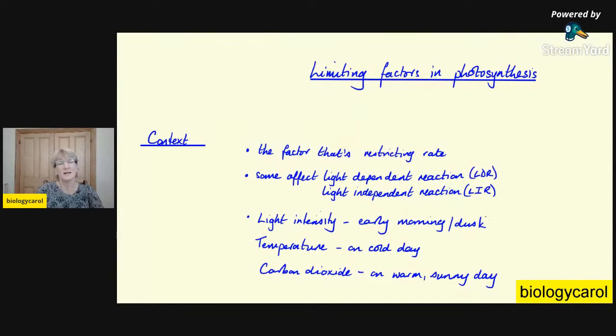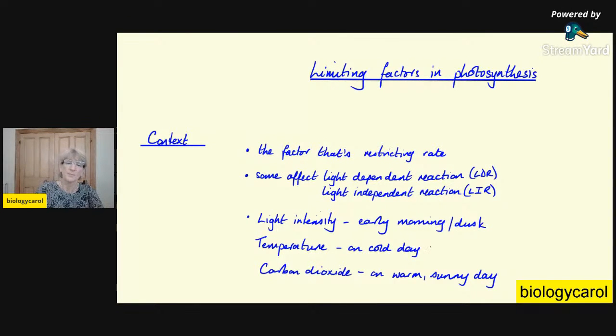Obviously, in early morning on a winter's day, you're going to have temperature in there as well, competing to be the limiting factor. On a cold day, temperature could be the limiting factor that just slows all photosynthesis down. It's why plants don't grow fast in the winter.